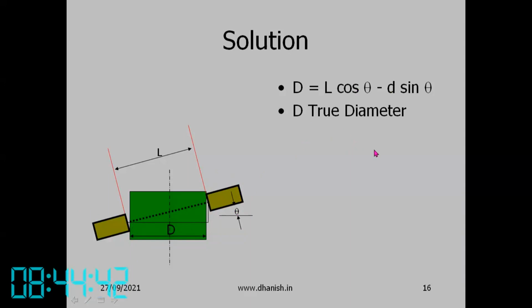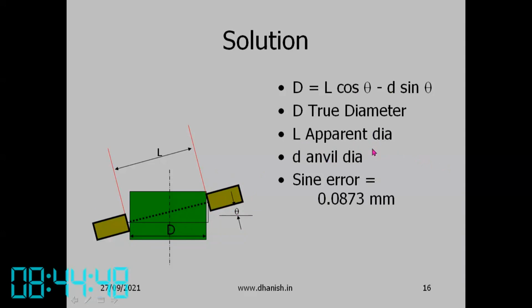So capital D is the true diameter, L is the apparent diameter, small d is the anvil diameter. Then the sine error is 0.0873 mm. Okay, this is only the sine error, that is d sin theta, and the cosine error is 0.003 mm, so that is L cos theta.